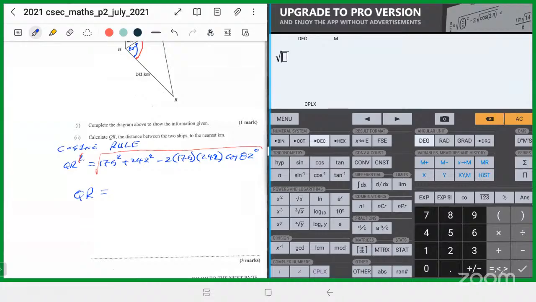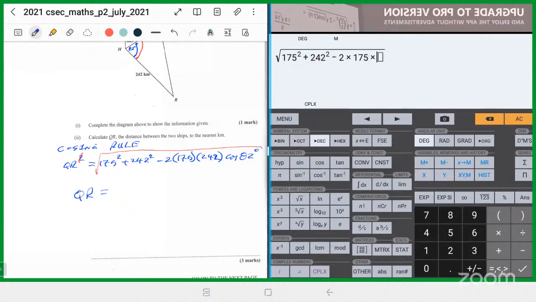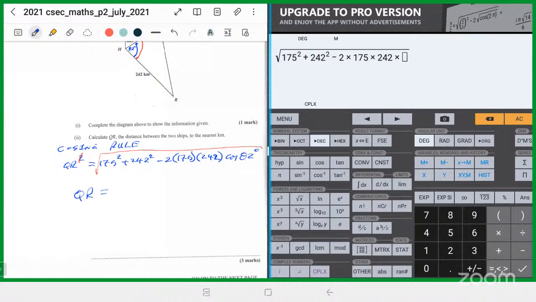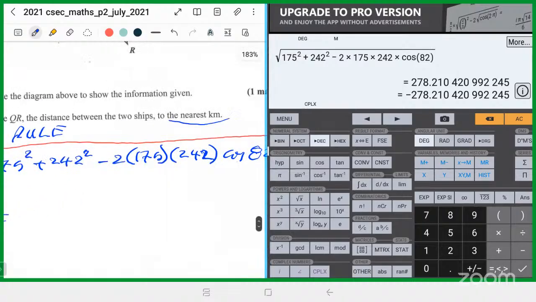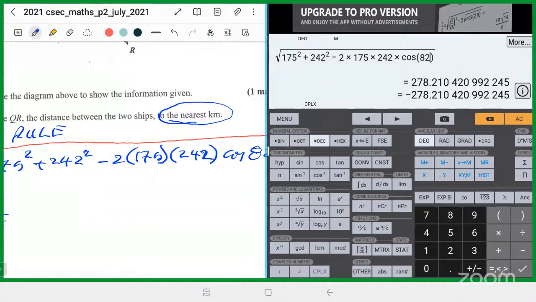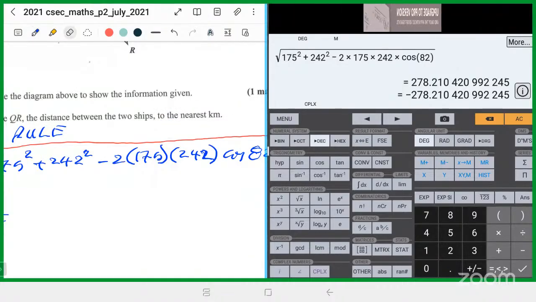So the square root of 175 squared plus 242 squared minus 2 times 175 times 242 times the cosine of 82 degrees, and that's 278. And look here, when the question says to the nearest kilometer, it means you don't put a decimal, nothing. Just correct it to the nearest whole number. In this case, it's 278 kilometers.